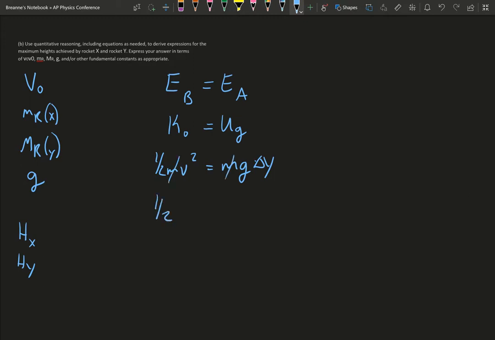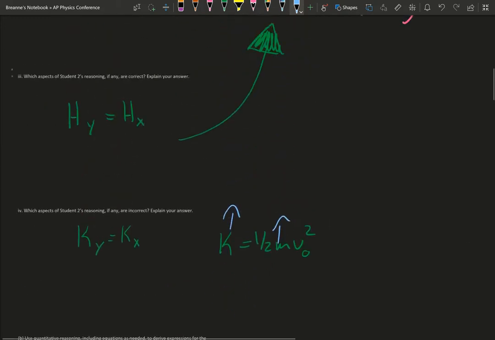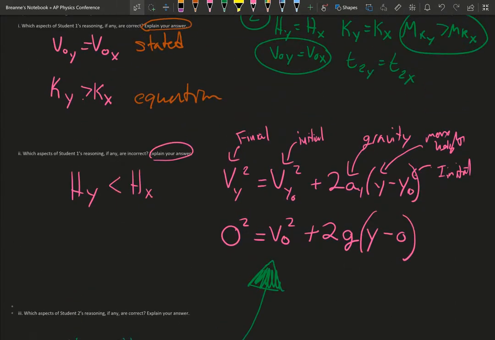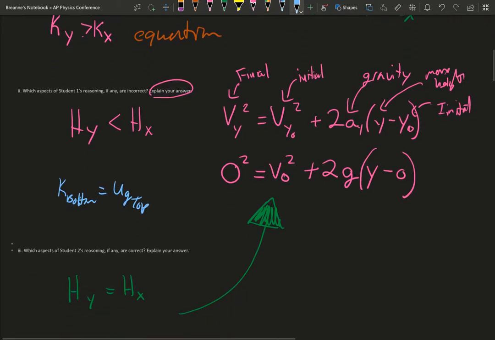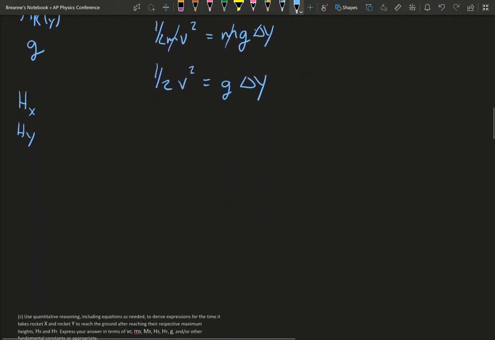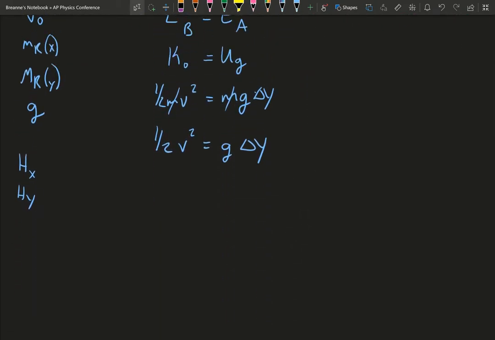This is another way you could have proved that the heights would be the same. If you wanted to stick with the energy theme, you could have used kinetic at the bottom equals potential at the top. Either one works.